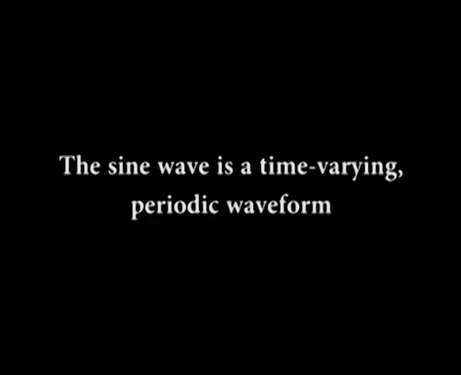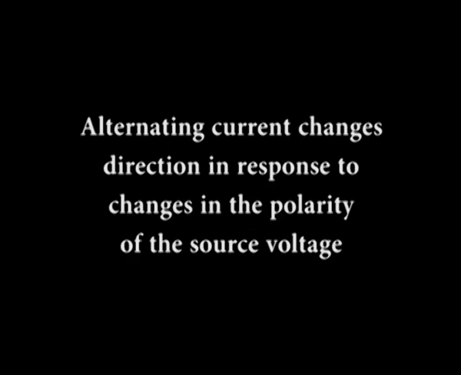So friends, this brings us to the end of our discussion in this lecture, and therefore we sum up. In this lecture, we discussed that the sine wave is a time varying periodic waveform. Alternating current changes direction in response to change in the polarity of the source voltage.